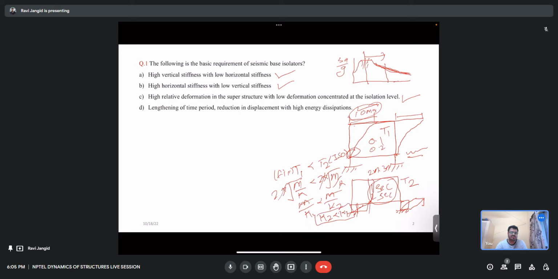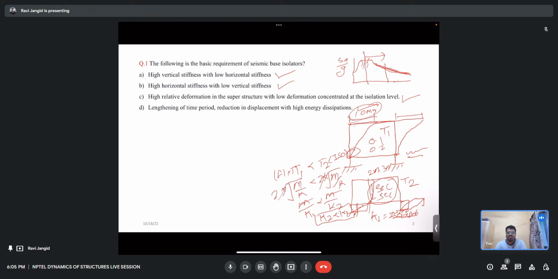Here k2 is the stiffness of the isolator, and this stiffness is for the horizontal direction. We are not considering the vertical, because isolators are normally for the horizontal, to reduce the horizontal response, not the vertical.